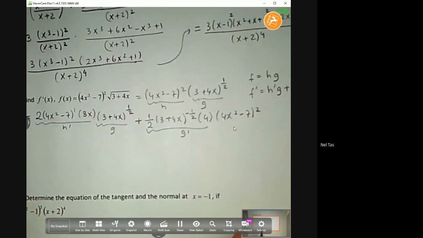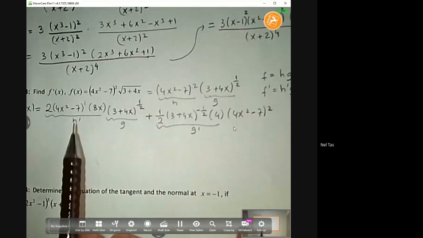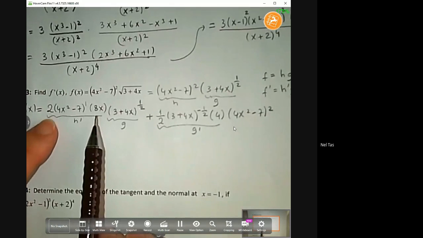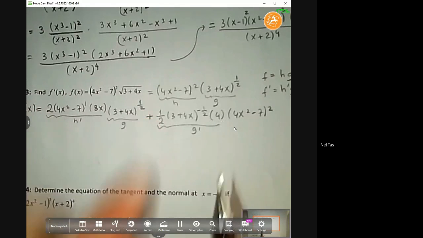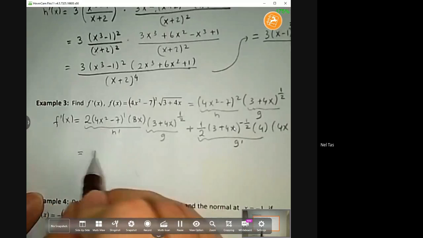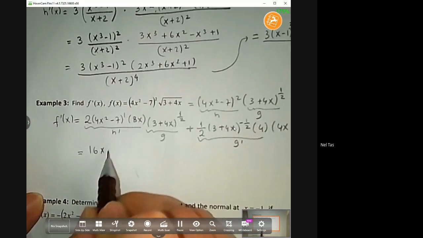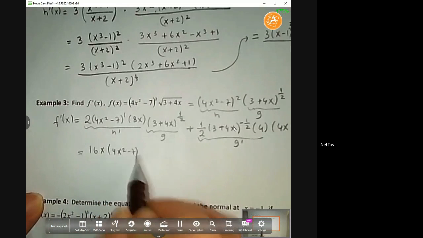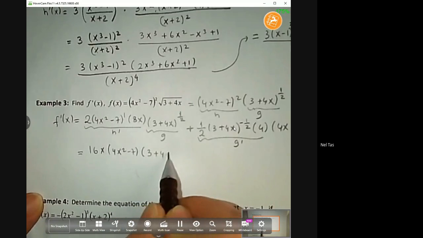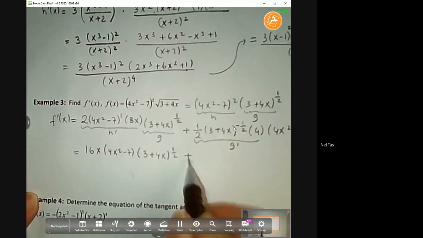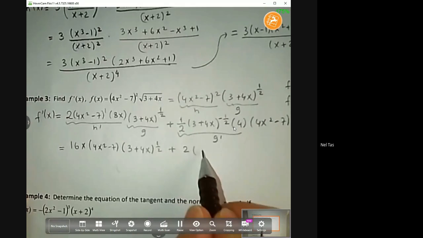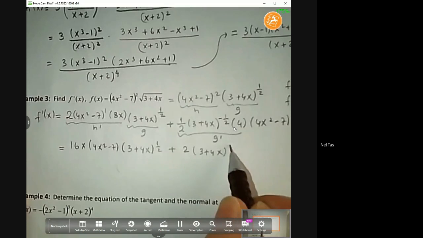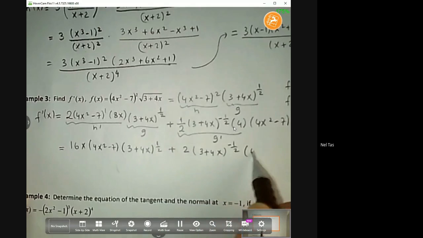Now we are going to simplify this. Okay, so before I start factoring it, I'm going to collect 2 and 8x here and 1 over 2 and 4 there. Okay, so this gives us 16x times (4x squared minus 7) times (3 plus 4x) to the power of 1 over 2, plus 1 over 2 times 4 gives you 2, times (3 plus 4x) to the power of negative 1 over 2 times (4x squared minus 7) squared.